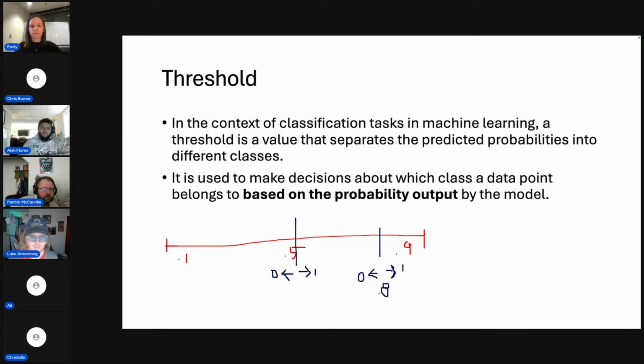So just to make sure I got the question right, you're saying if we set it to 0.8 instead of 0.5, wouldn't that make it more accurate, so give it more precision?